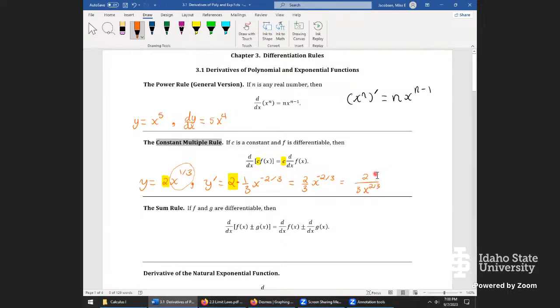But that's a stylistic choice of writing your answer, in my opinion. In this class, as far as grading goes, I'm fine with this answer or this answer. Let's emphasize both are acceptable. Both full credit. Well, any questions, folks, with this rule here?